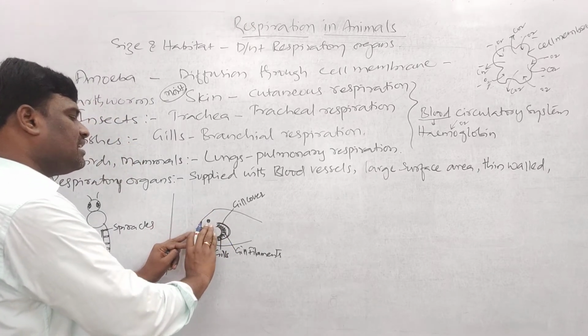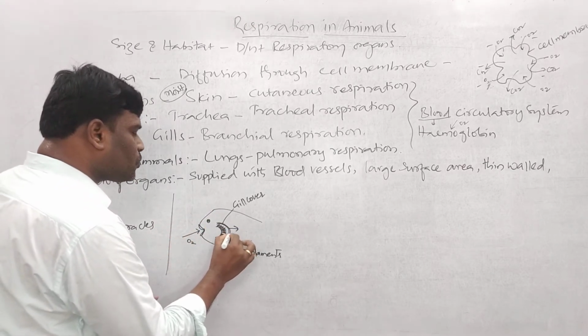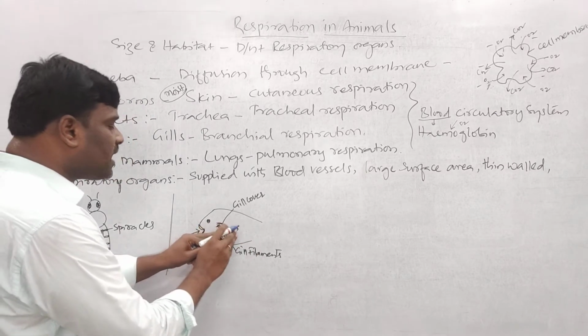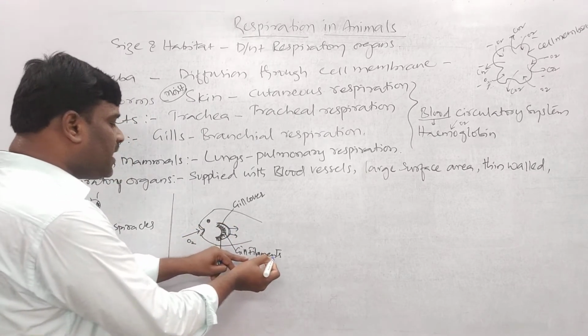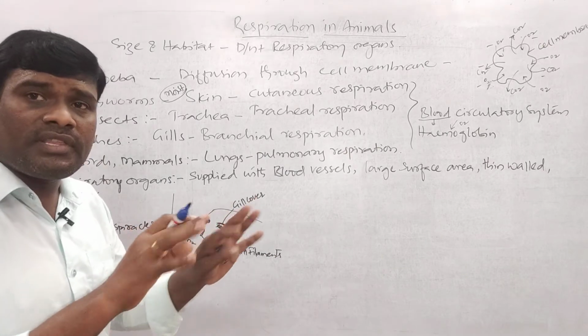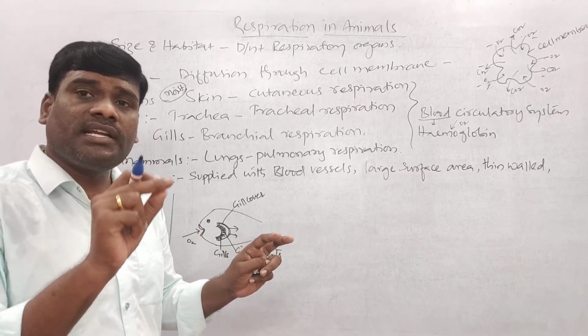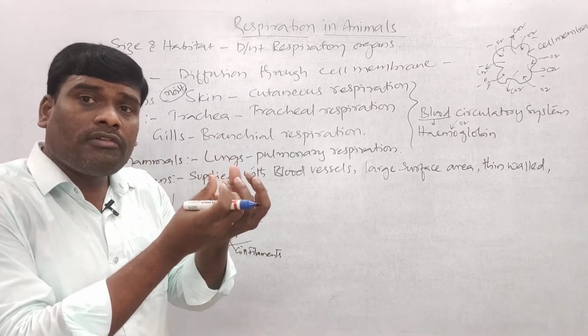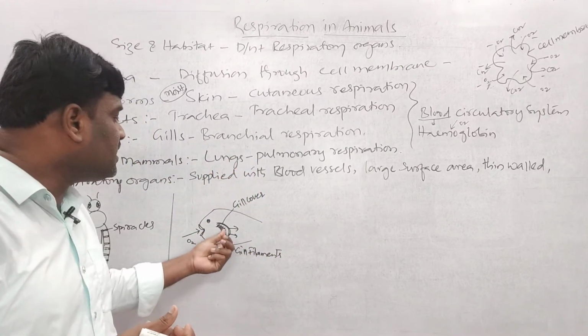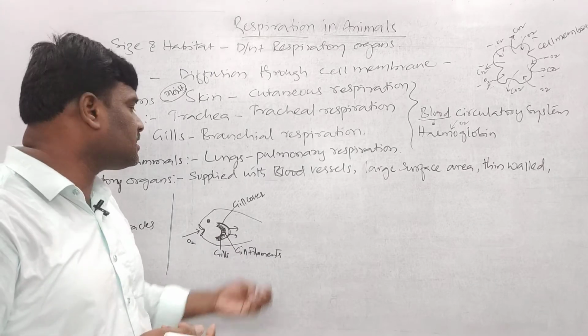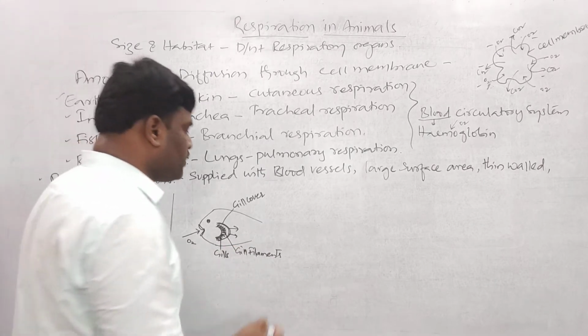With the help of that gill slit, water comes outside. As it comes outside, the gill filaments are bathed with the water. As a result, the oxygen present in that water is absorbed by the gill filaments. In this way, respiration occurs in fishes.